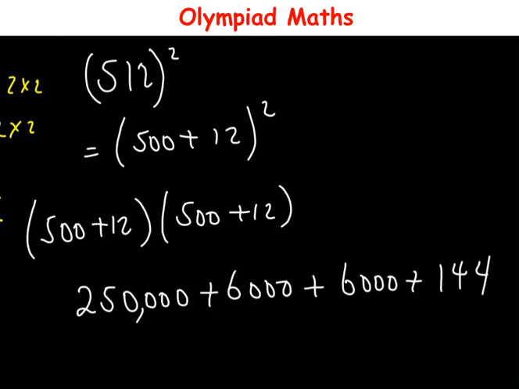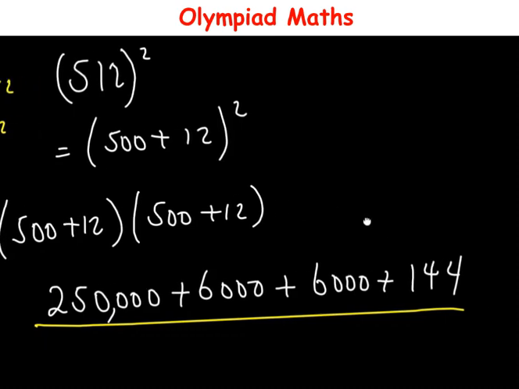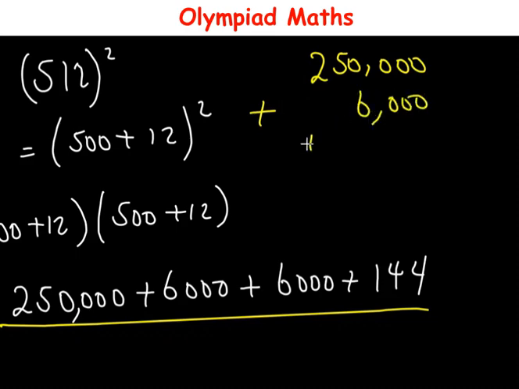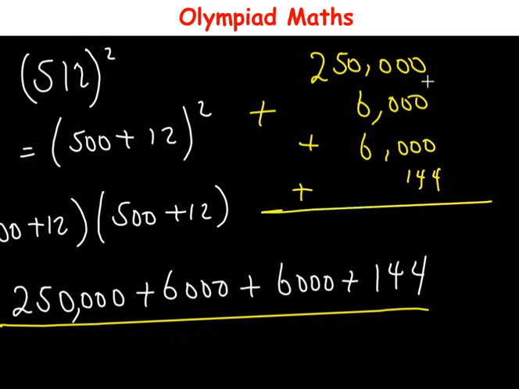So then, let us add up all of this, and this becomes the final answer. So doing this right here, we have 250,000, plus 6,000, plus 6,000, plus 144. So here we have 4, 4, then 1, 0 plus 6 plus 6, that will give us 12.